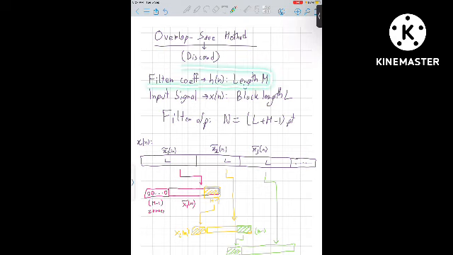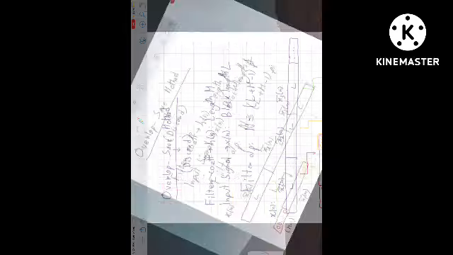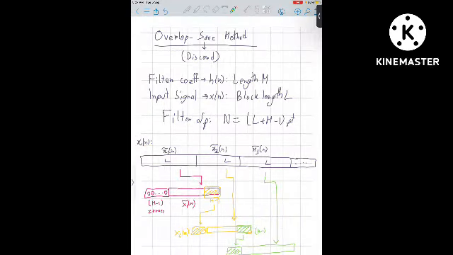So what we do to this x of n, as always, is it is broken into blocks of L, x1 tilde, x2 tilde, x3 tilde, and so on.